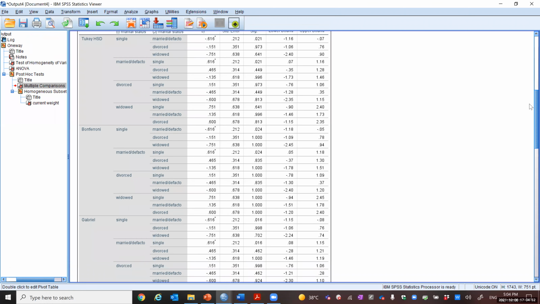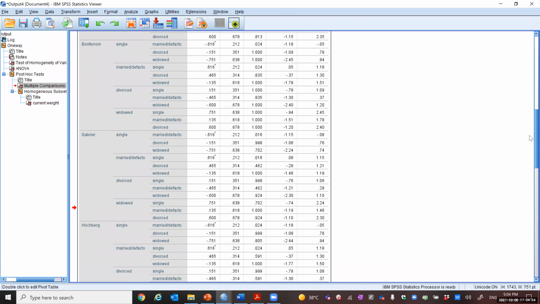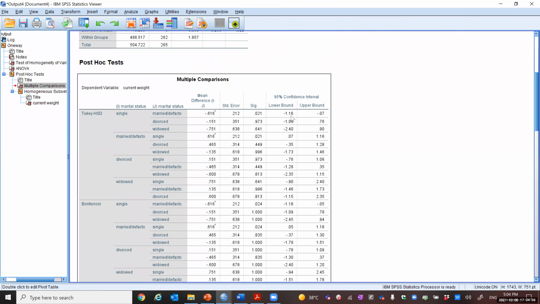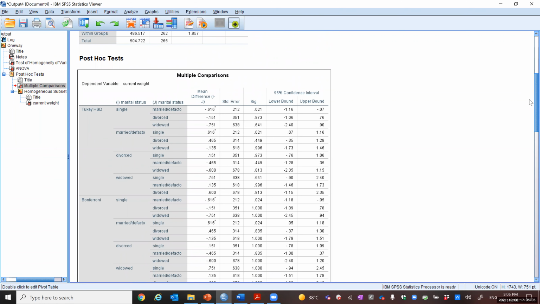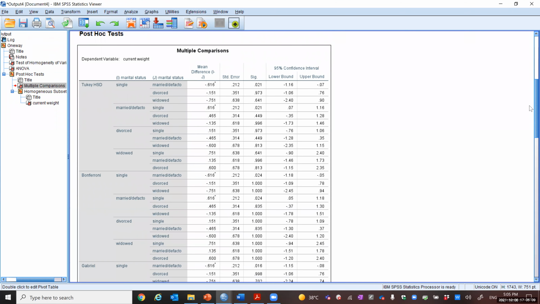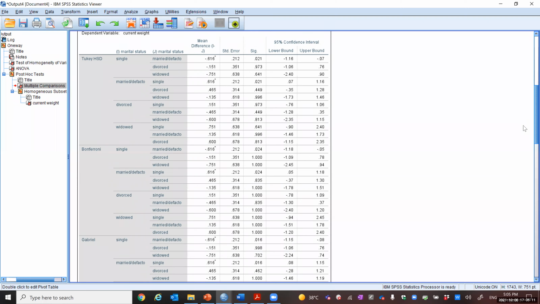Okay, that's it. Any other question? You can just interpret one of these tests, because for demonstration purposes I clicked so many, but if you know in advance whether the variances are homogeneous or not, you can select a few.